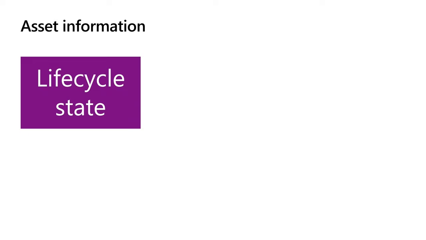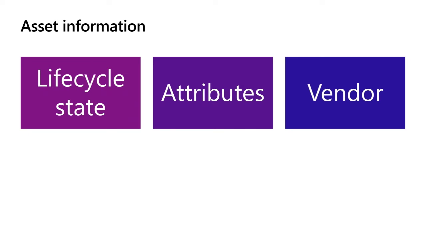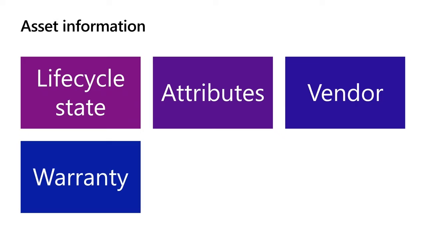When we are setting up assets in the system, there's several kinds of information that we can track against the asset. We have the life cycle state, which is what the current status of the asset is. We can track user-defined attributes such as color or model or make. We track the vendor that we bought the asset from, and related to that, we can track warranty information on our assets.